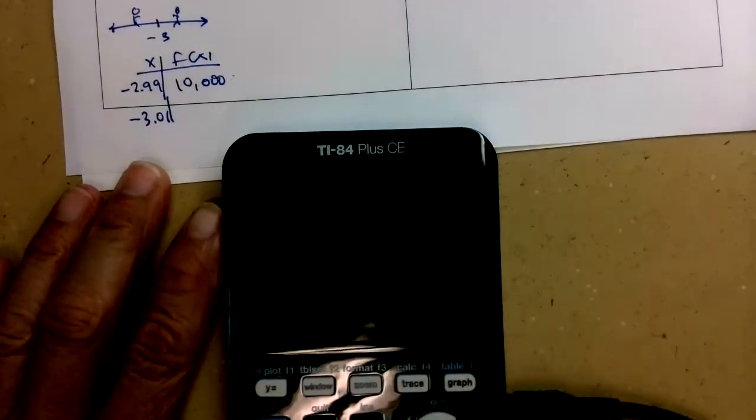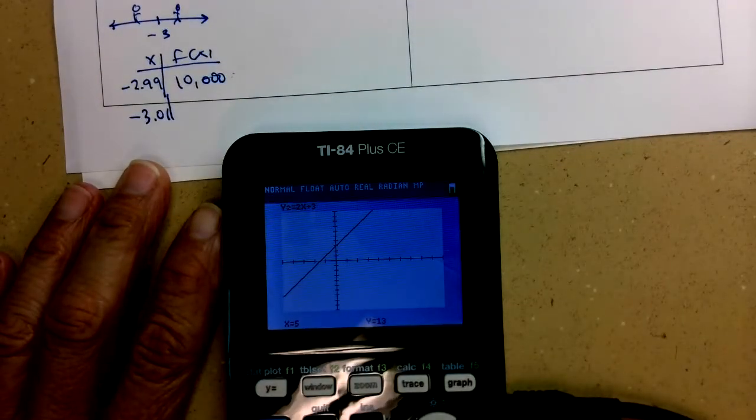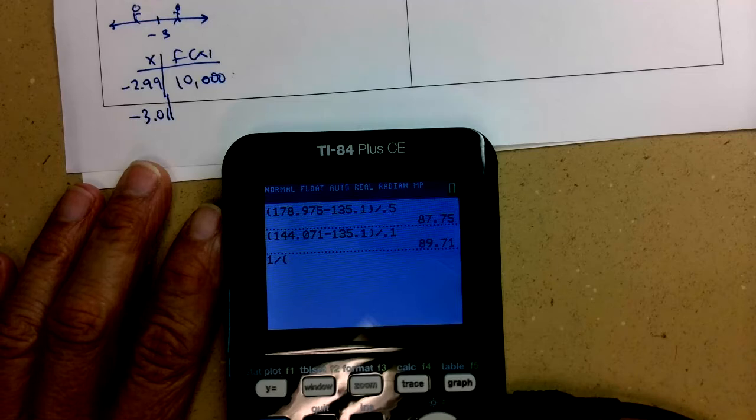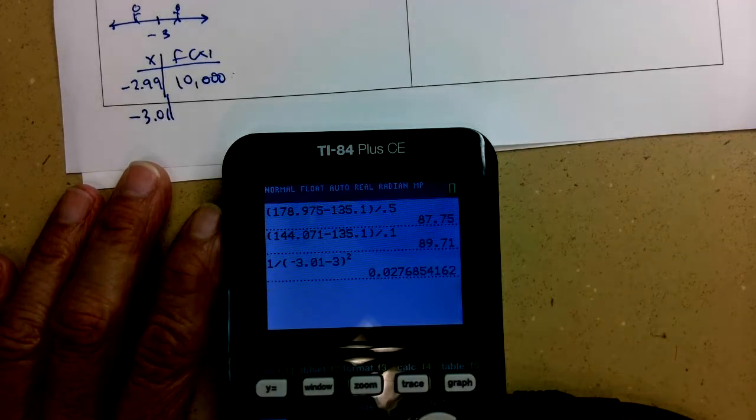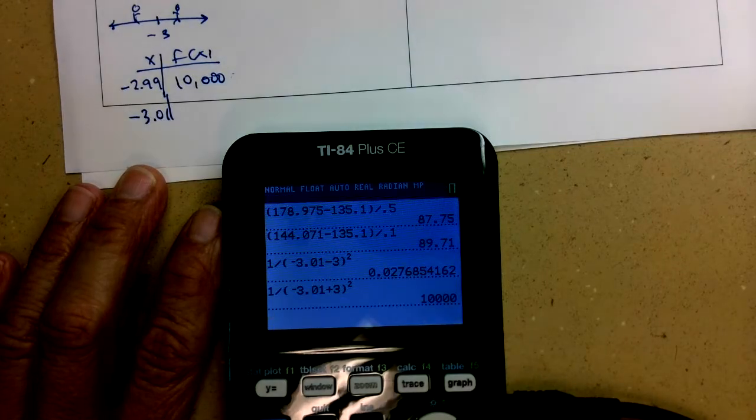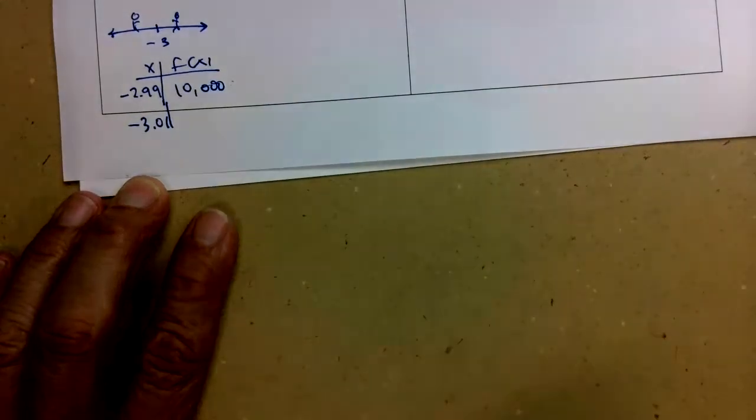I think I will just to be on the safe side. 1 divided by parentheses negative 3.01 plus 3, squared. Oh, plus 3. That's why I was like, hold on, that's not the number I'm looking for. There we go. 10,000. Awesome.